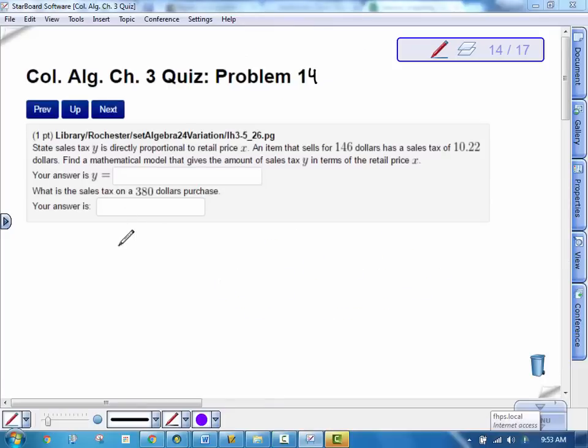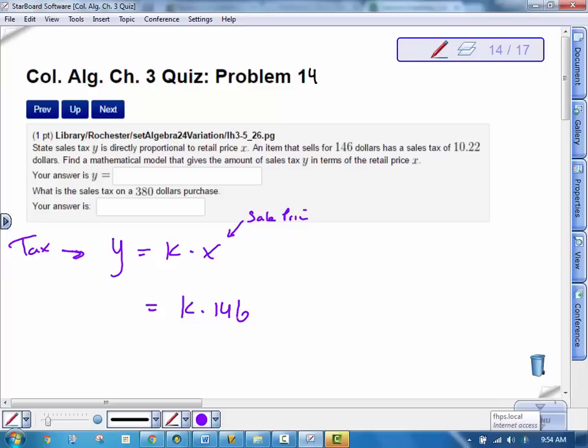Okay, the next problem says y is directly proportional to the sales price x. So there's the sales price, and there's the sales tax. An item that sells for 146, so they give us this value, x, has a sales tax of 10.22. So we can find that k, that constant, which in this case is the sales rate.